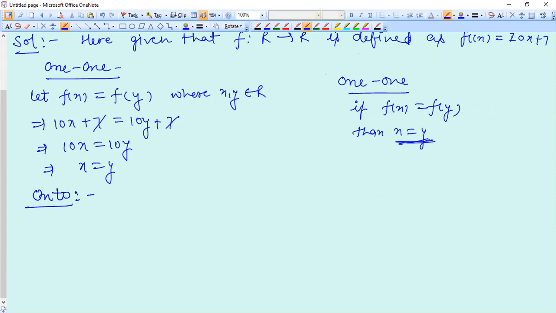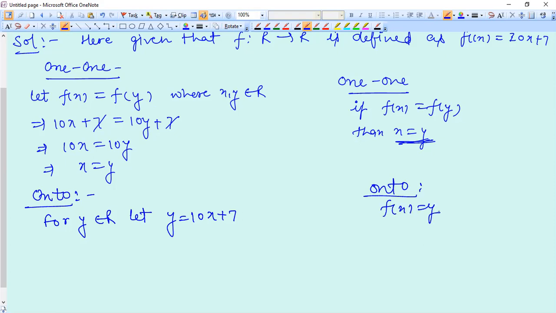For onto, let y belong to R, means real numbers, let y is equal to 10x plus 7. For the onto condition, we let f(x) is equal to y. Put f(x) is equal to y, then find the value of x in terms of y.